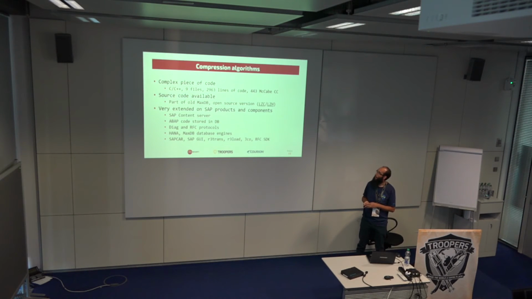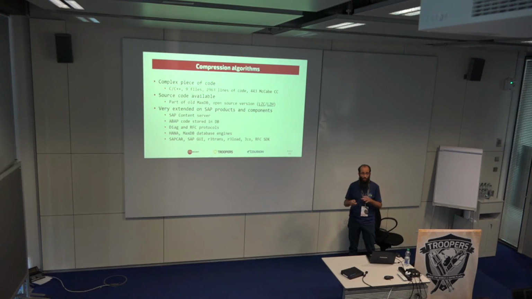For example, the SAP Content Server, which is like a web server that you can use for storing documents and things like that, uses this for the storage of information. The ABAP code that is stored in the SAP database is compressed using this same algorithm. The Diag and RFC protocols also use this. HANA, MaxDB, the SAPCAR, which is what we're talking about, the SAPGUI.